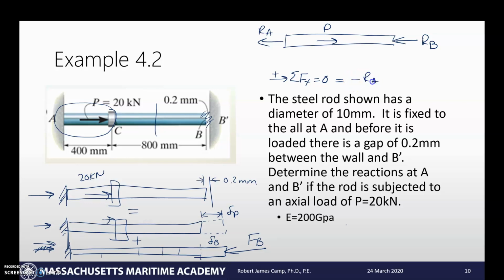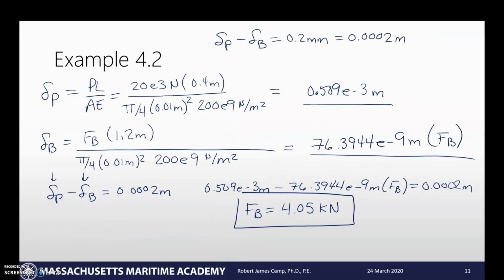So negative RA minus RB plus P is equal to 0. That means P is equal to RA plus RB. So if I come down here, P is 20 kilonewtons, equal to RA plus RB. We can now plug RB into our equation here, and you're basically going to get the force in A. Yes, and I know I have a bad habit.